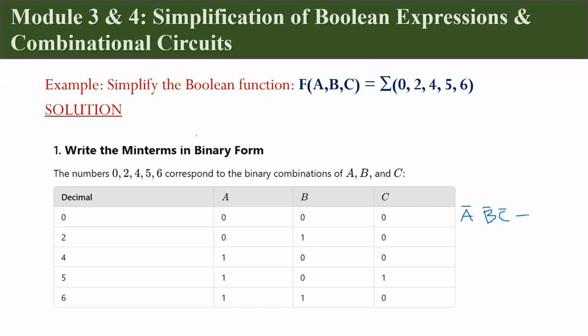So we can say that our f, as given earlier, is equal to A bar, B bar, C bar, plus this one, A bar, B, C bar. Then you have plus, and then you continue on and on until you pick the last one.